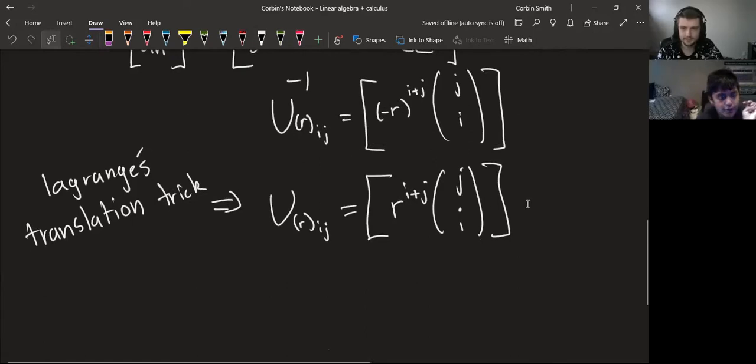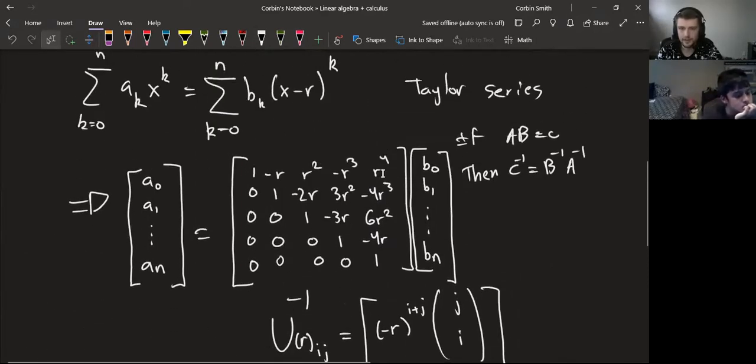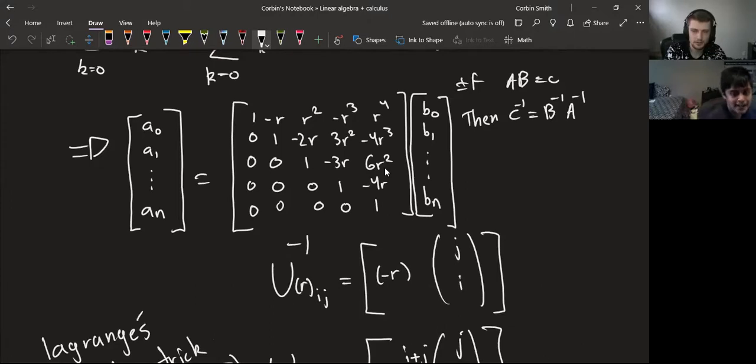What's the r there for? The r is going up by powers, right? It's not I plus j, it's I minus j. If it's not plus, then what would form this alternating pattern other than minus?